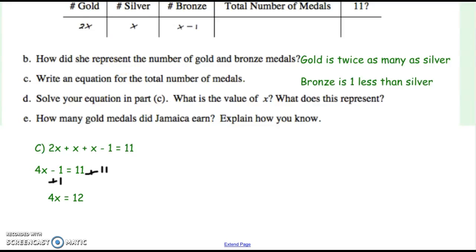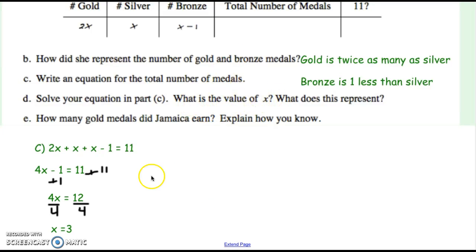And then the way I would get rid of 4 x's is I would divide by 4. So instead of 4 times x, I will do divided by 4. And on the left, that would leave me with just x, because 4 divided by 4 is 1, so that gives me 1x. And 12 divided by 4 equals 3.